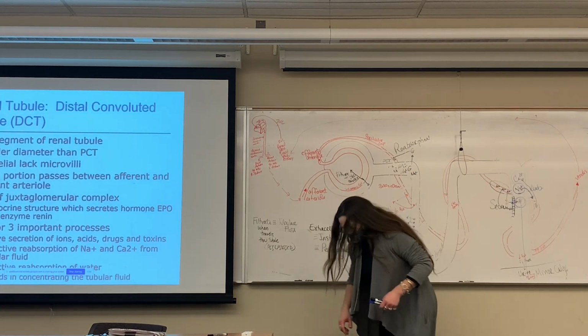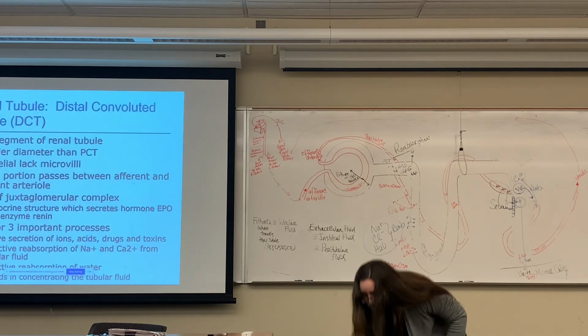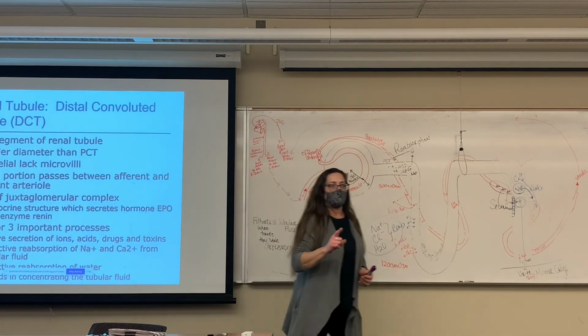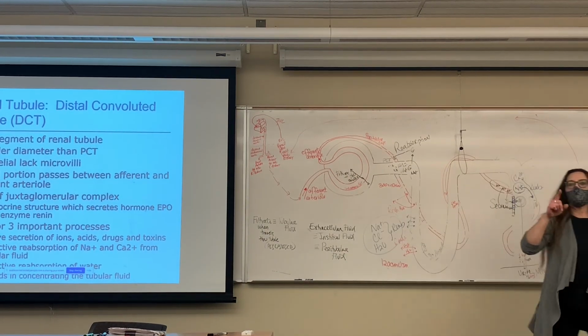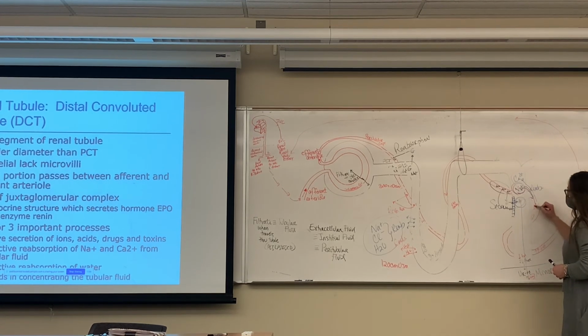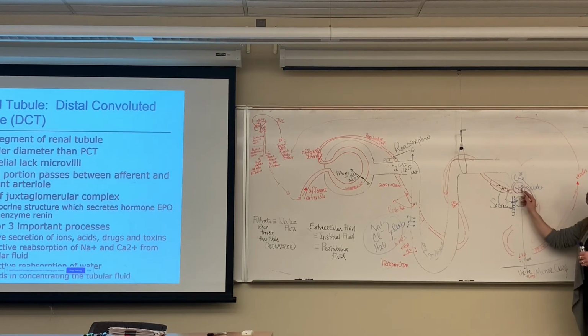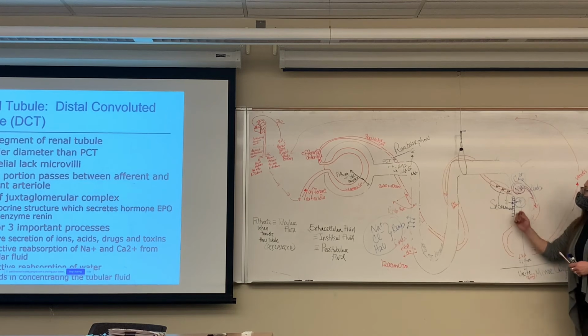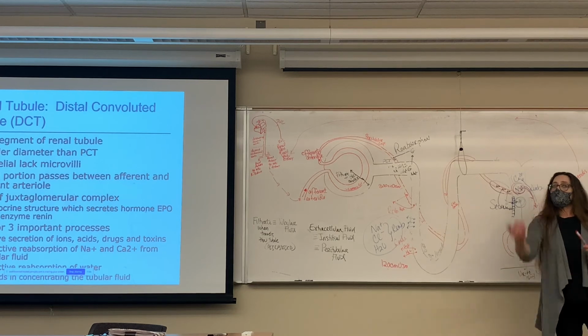Then the last major thing that's gonna happen here, again, not the only thing, but the last major thing, selective reabsorption of water. Okay, so let's go back to aldosterone for a second. Aldosterone is gonna cause sodium to get reabsorbed. Depending on what aldosterone levels are will dictate how much sodium gets reabsorbed, and then water will passively follow it. But there's also another hormone that works here at the DCT and the collecting duct that causes just water to get reabsorbed.